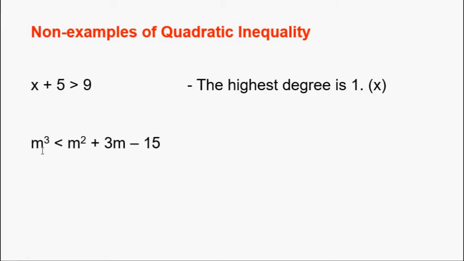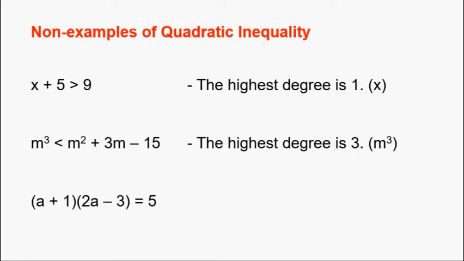So we have another example, m cubed is less than m squared plus 3m minus 15. So alam niyo na naman kung ano yung reason, di ba? The highest degree is 3. Okay? So dapat po 2 ang ating highest exponent or yung highest degree.